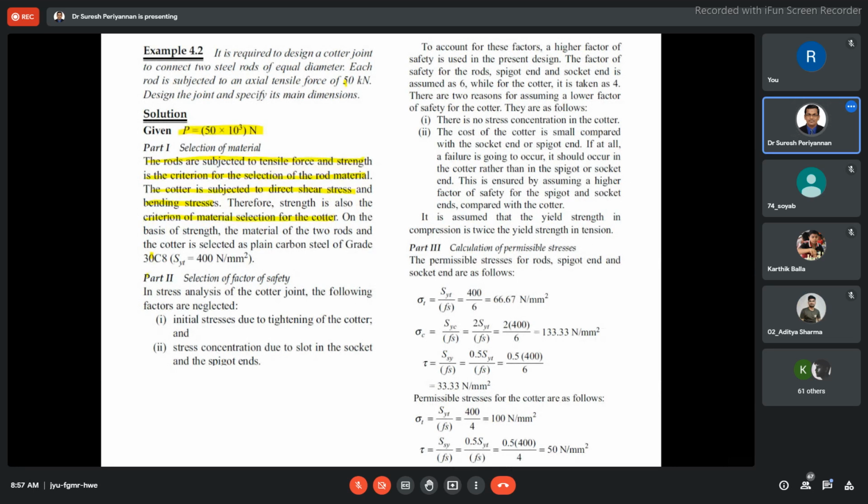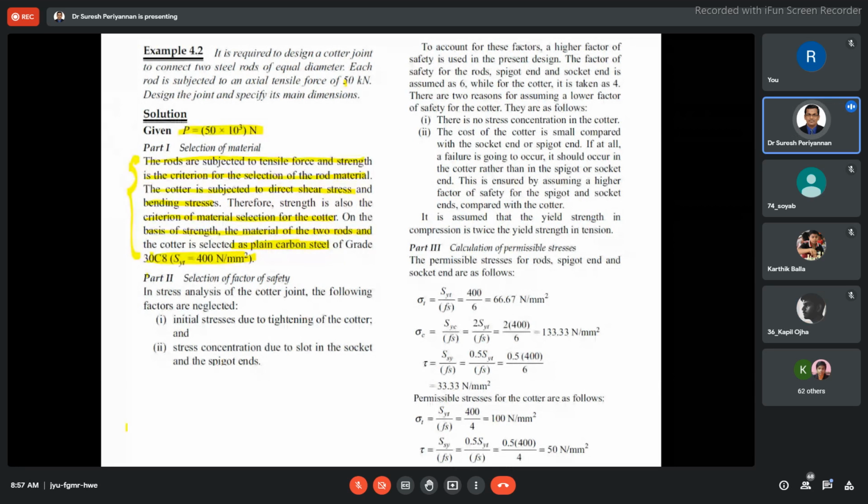On the basis of strength, for the two rods we are considering plain carbon steel, 400 Newton per mm squared, from the table. It should be given in the problem, but here you have to understand as an engineer.